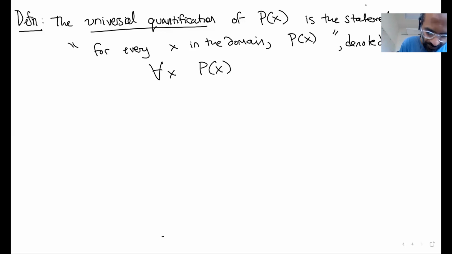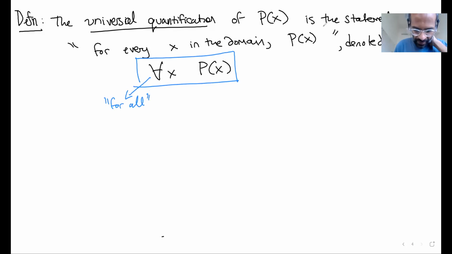This is a very important notation that we'll be seeing a lot in the course. The way this is read is: for all x. And this is a legitimate proposition, okay? Because this is actually something that either is true or not.